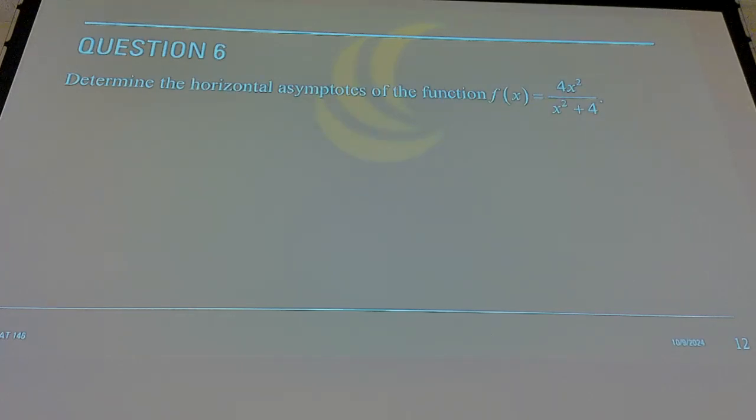Horizontal asymptotes. For rationals, it is easy, because it's going to do the same thing on both ends, for the most part. But I'm still going to consider each piece individually.